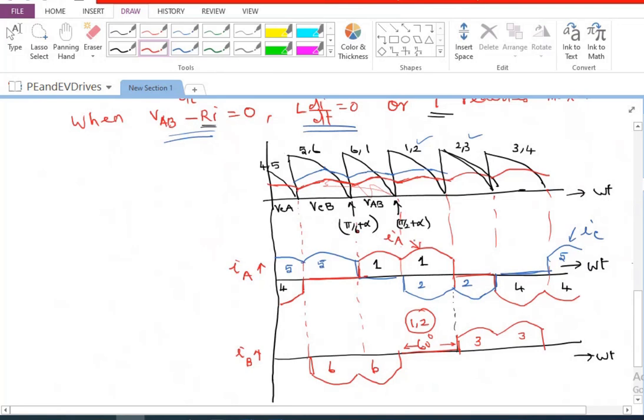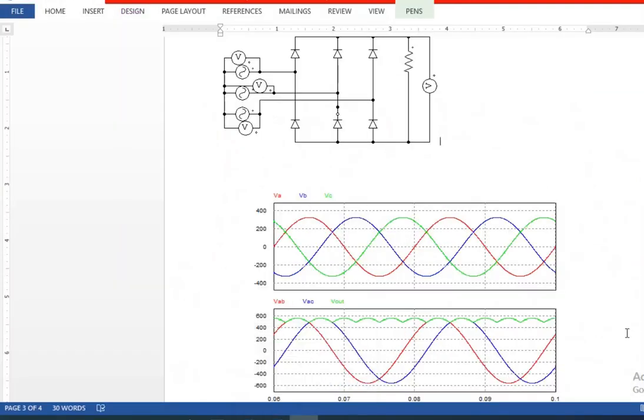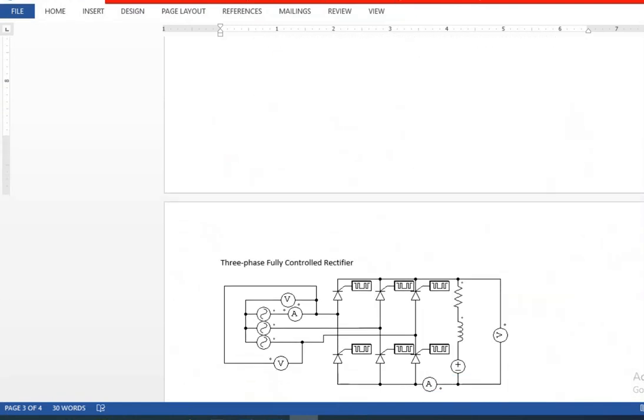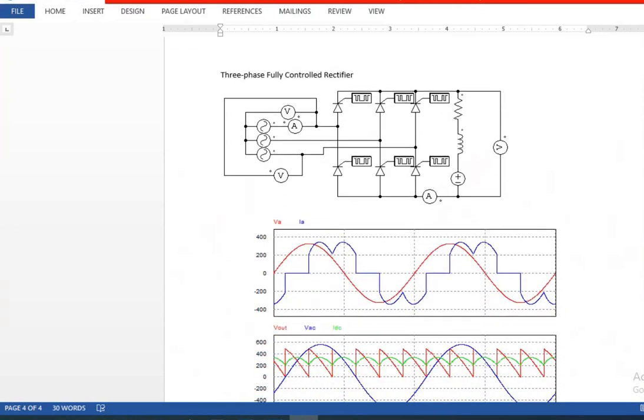So this is the way the currents look generally in the case of a 3-phase fully controlled rectifier. So let me show this again. This is a diode converter which we had already seen. Now, this is a three-phase fully controlled rectifier.